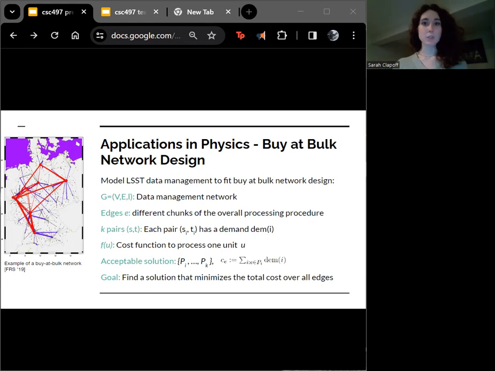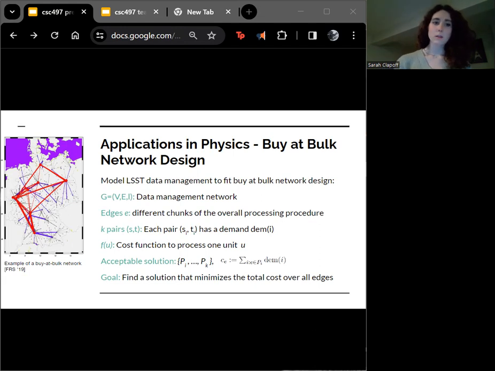An acceptable solution to this problem is a set of paths, P1 to Pk, where Pi is a path from a sender to a receiver that processes the amount of data that they had demanded. For each solution, the cost per edge is c_e, and that's the total amount of data that gets processed using that edge, so using that part of the processing procedure.